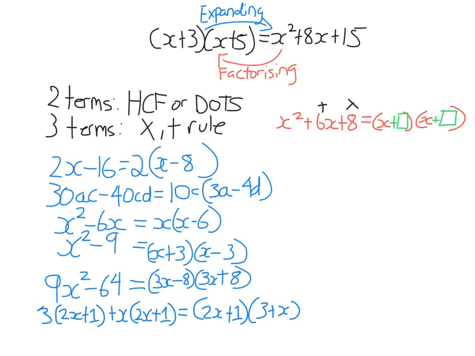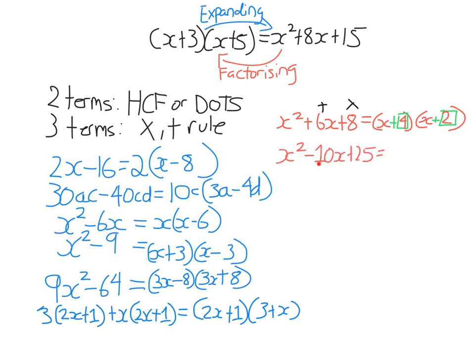So if I didn't know them off the top of my head, I'd go through factors of 8. 8 and 1 doesn't work. 4 and 2, that does work. So the numbers that go here are 4 and 2 because 4 plus 2 is 6, 4 times 2 is 8. If I were to expand this using FOIL, I would get that. It, of course, wouldn't matter if I wrote x plus 2, x plus 4, if I switched the order of the brackets because they're being multiplied.